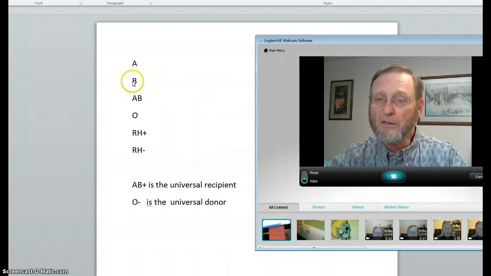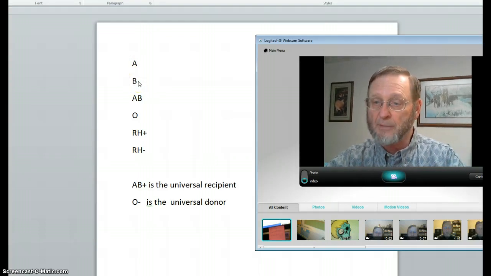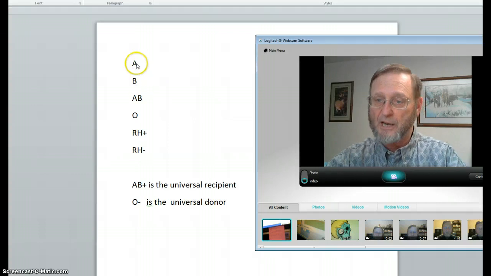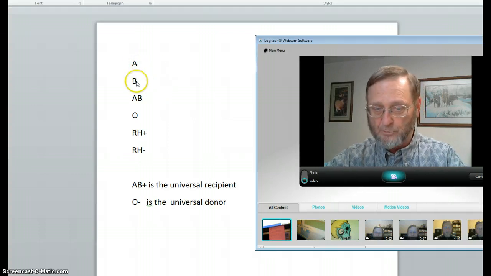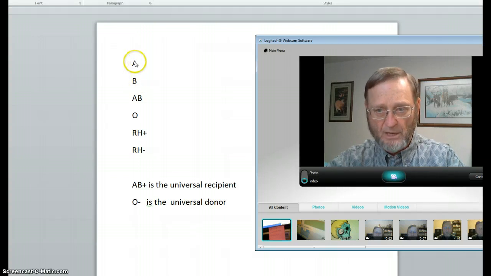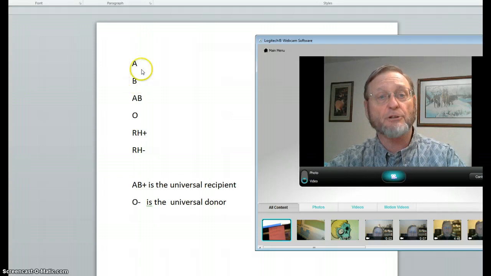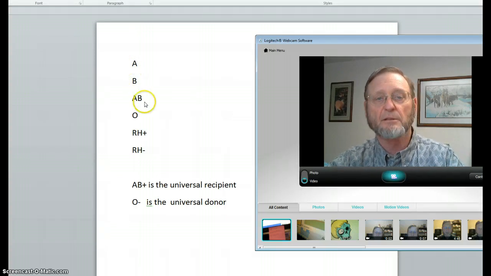If you have B, you have a B antigen on your red blood cells and antibodies in your blood against A antigens. So if A gets B blood, A's antibodies attack B blood, make it clot, and precipitate out, you get a big anaphylactic response and you die, unless something's done about it pretty quickly.